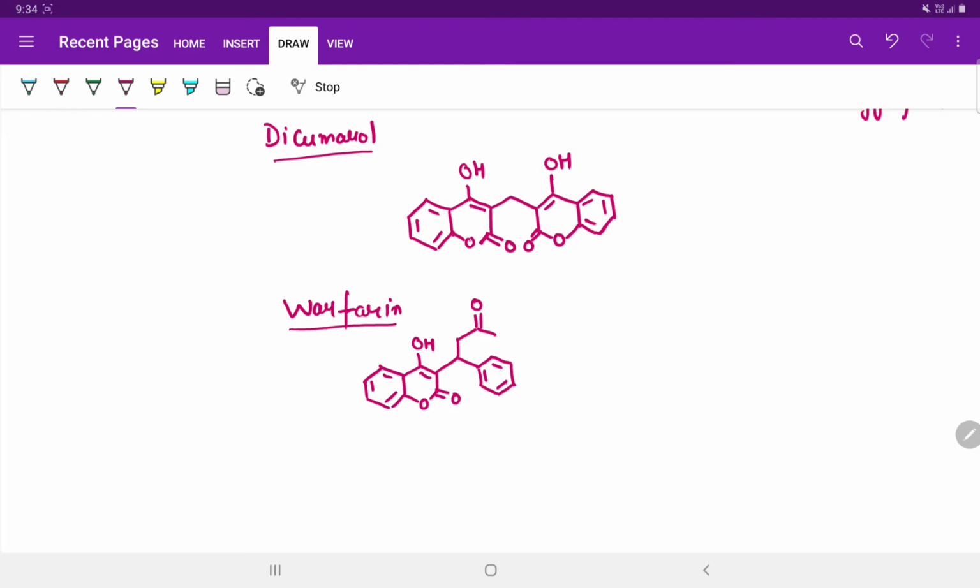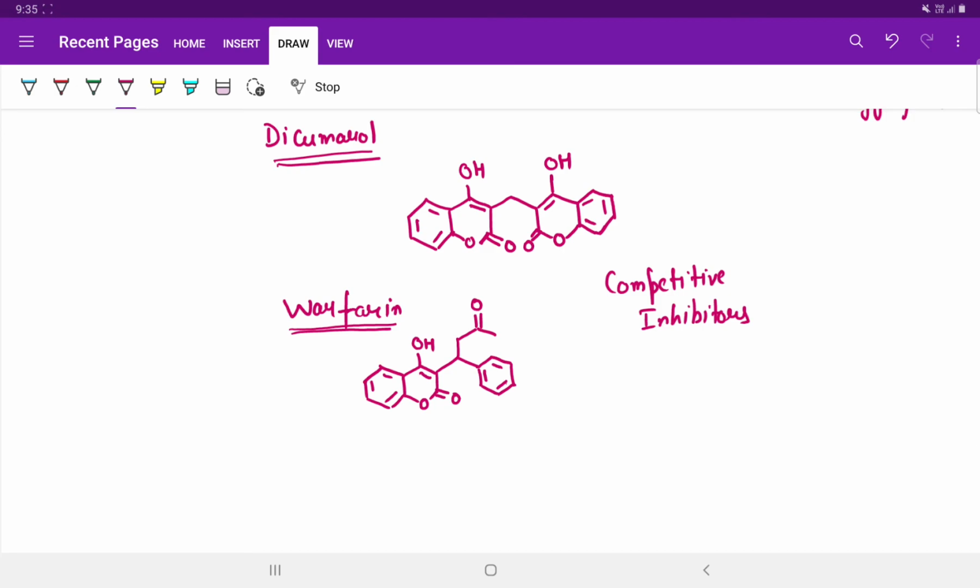So this is the structure for warfarin. Dicumarole and warfarin both resemble each other in structure, and also resemble vitamin K. So these two act as competitive inhibitors of vitamin K in its epoxide form, and they inhibit the enzyme reductase.